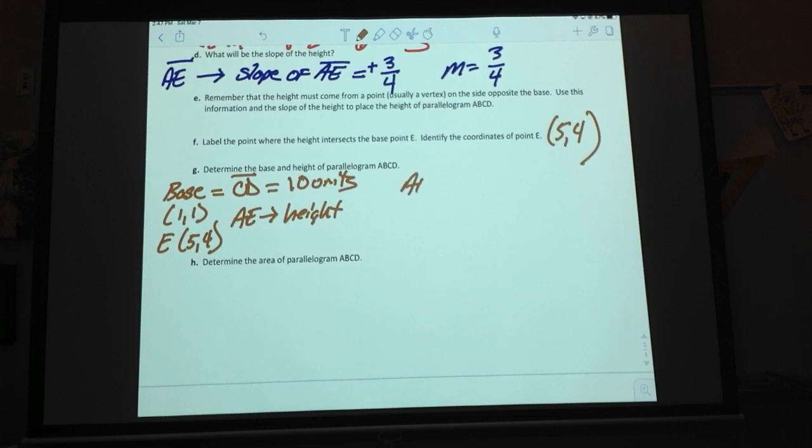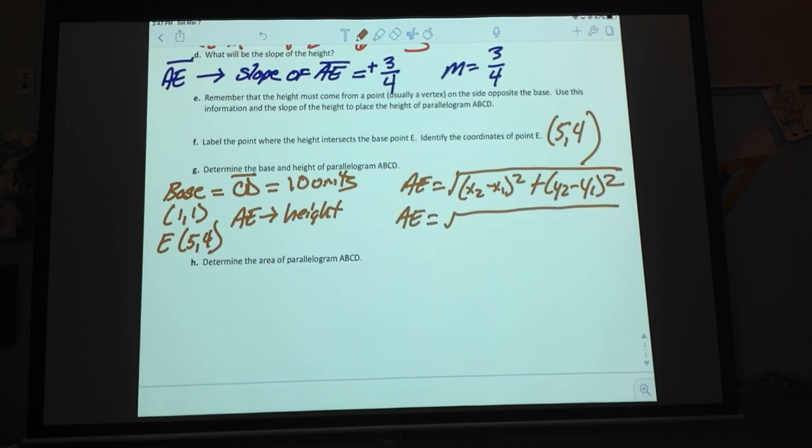AE equals the square root of x2 minus x1 squared plus y2 minus y1 squared. From A to E, for the x's I'm going to do 5 minus 1 squared, plus 4 minus 1 squared.